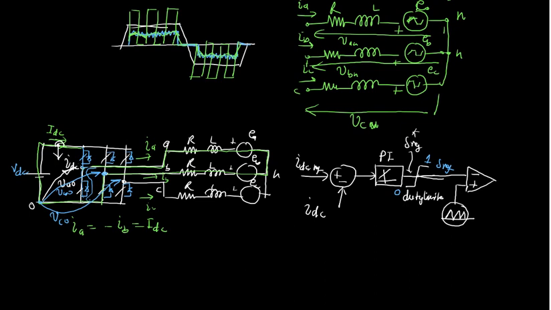And the output you are going to get will be PWM modulated. This is called delta PWM. This is a carrier signal, a high frequency carrier signal.